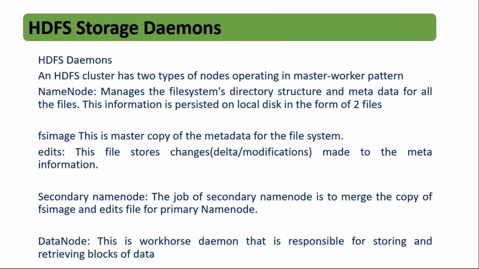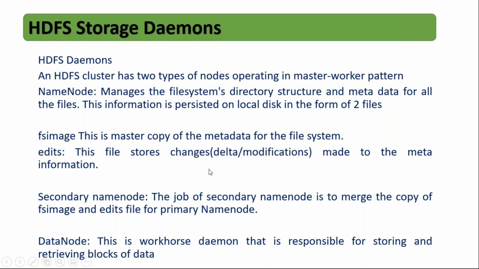So these are the HDFS storage daemons: name node, data node, secondary name node. Name node contains metadata. That metadata is contained in two files, one is fs image, another one is edits. These two are predefined files, created automatically when you start running your cluster. So fs image is mainly to maintain the metadata of the file system.